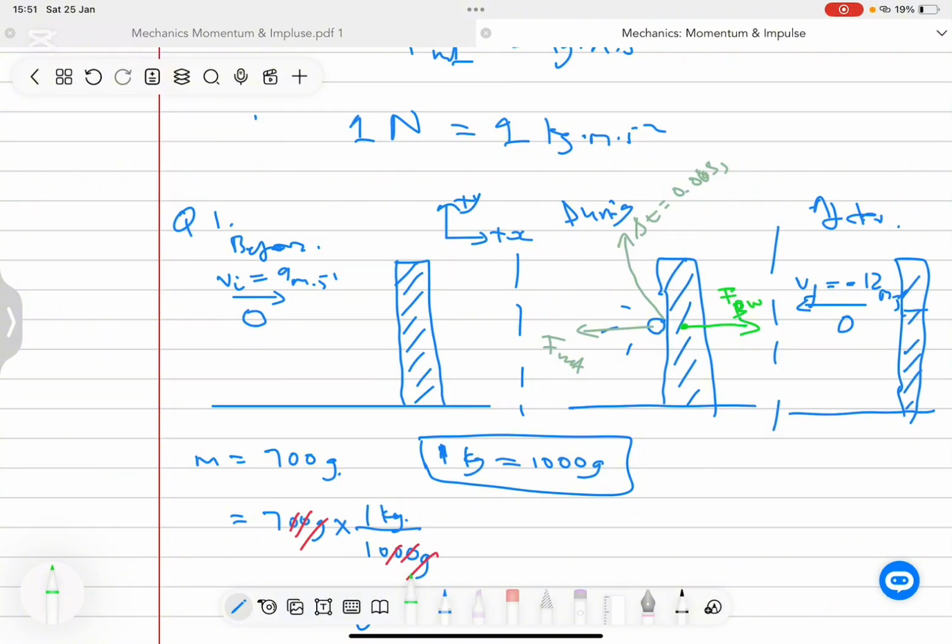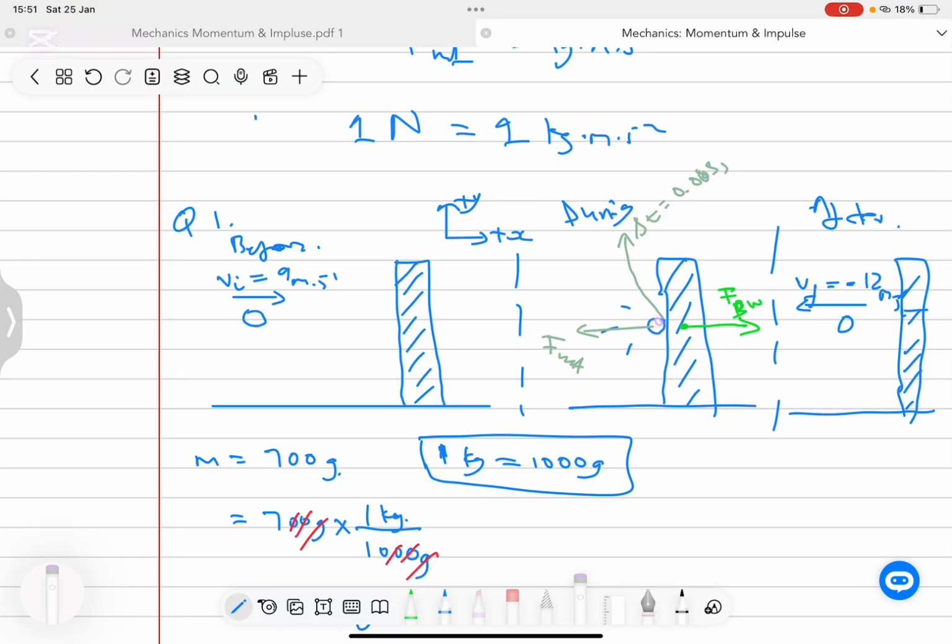Now, this question, when you look at it properly, you would see that when the two collide, when they're in contact with each other, they will exert forces on each other that are equal, but they point in opposite directions. We know this from Newton's third law of motion to say when two objects exert forces on each other, they will exert forces that are equal in magnitude but opposite in direction.